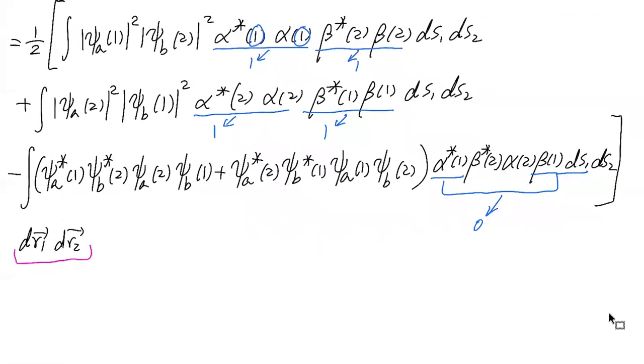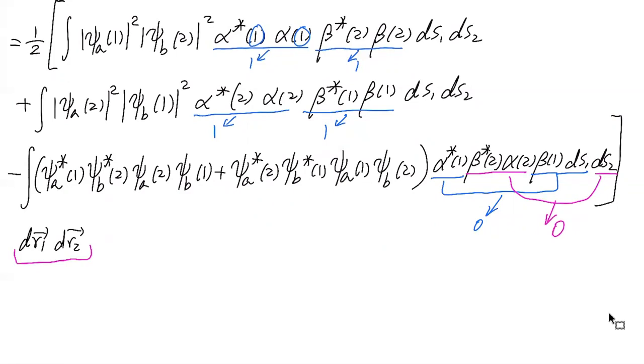Similarly, for electron 2, beta and alpha are orthogonal. So really, you don't have the second term. You don't have the crossing term, right? You don't have the third and fourth term. They're the crossing term, because the spin states are orthogonal. The alpha and the beta are orthogonal, so that you don't have the crossing term here.